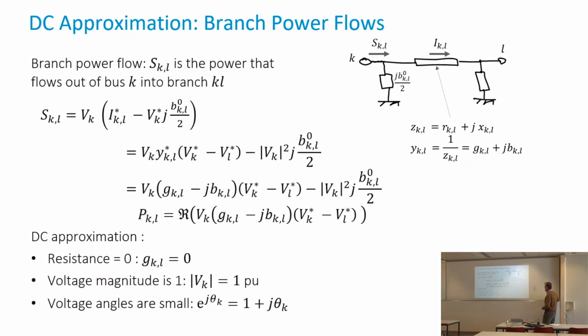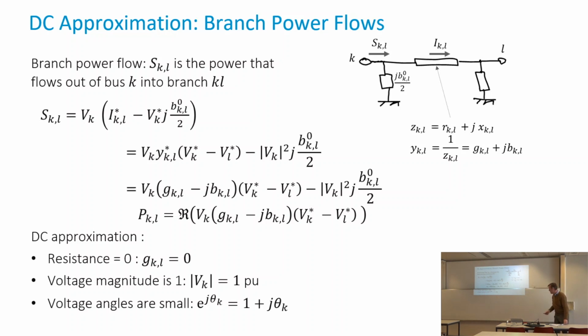Z is R plus jX. The admittance Y of the line is 1 over Z. And the inverse of a complex number is the conjugate divided by the modulus squared. So it's R minus jX over R squared plus X squared.